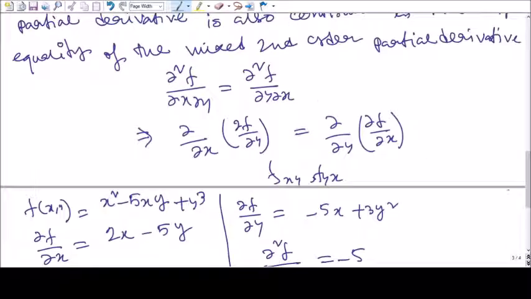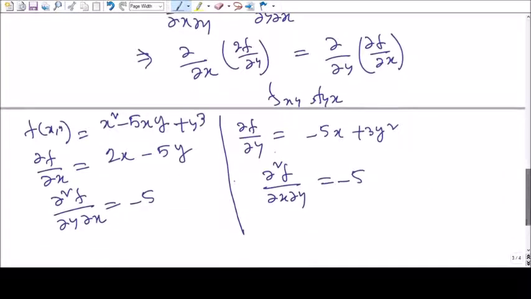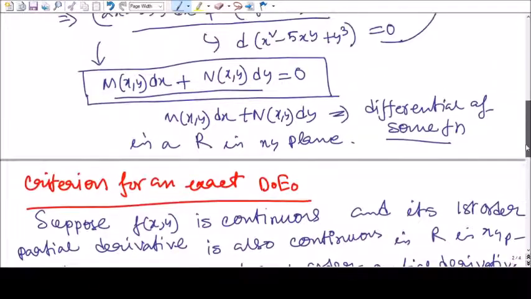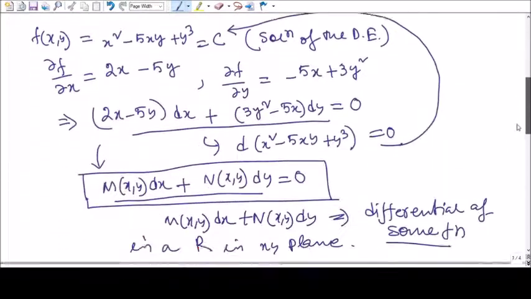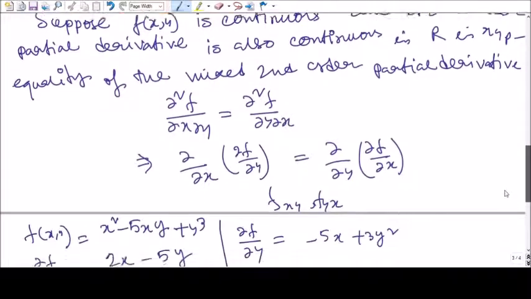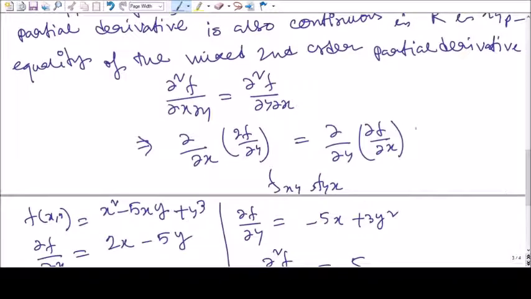So this is the example. You can see they are equal. Now give this equation number 3.